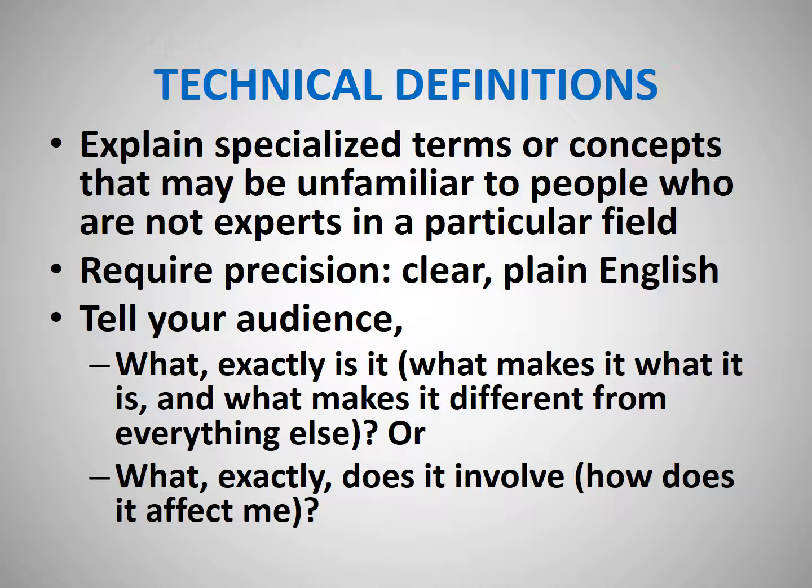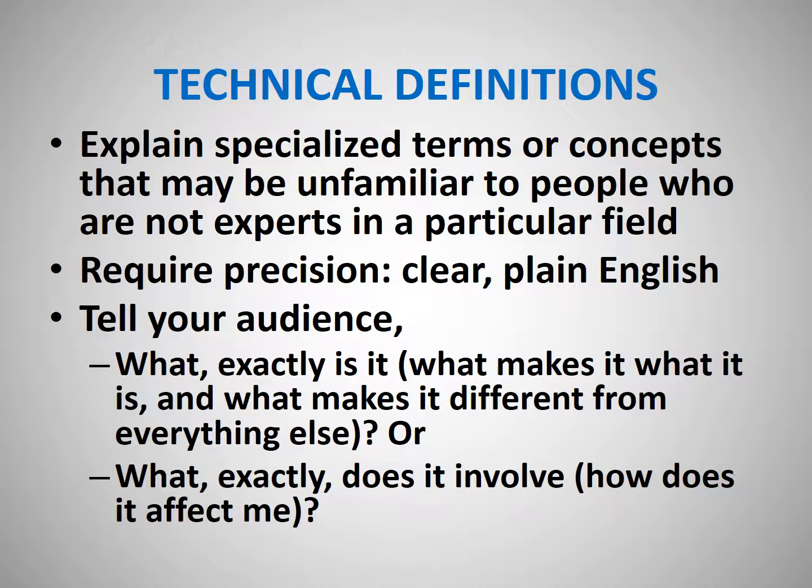Therefore, when you write such a definition, you must be precise in your language, remembering that the people you're addressing don't have your level of expertise or familiarity in that particular field. You want to use clear, plain, basic, direct English to define your terms and your concepts.